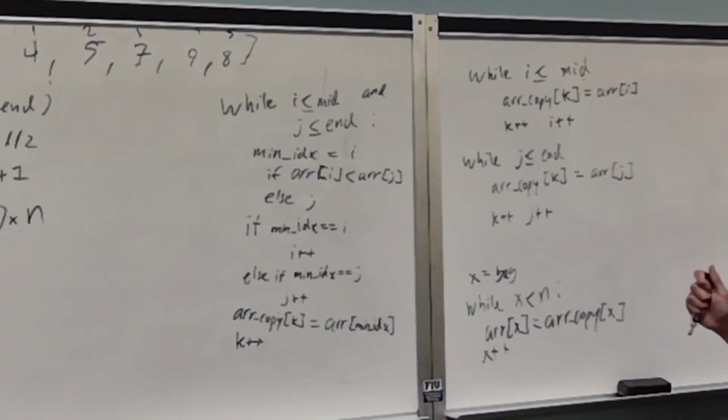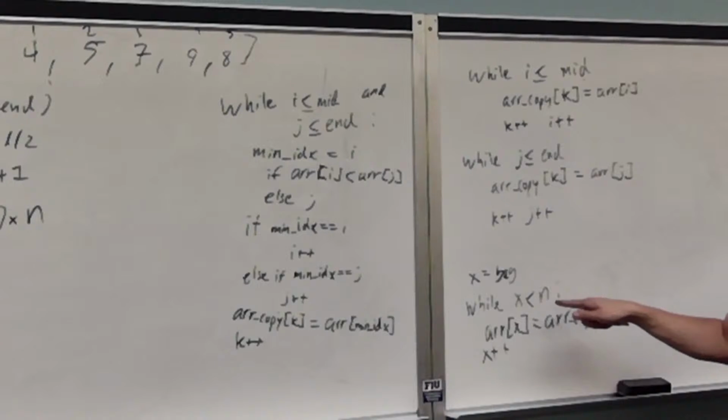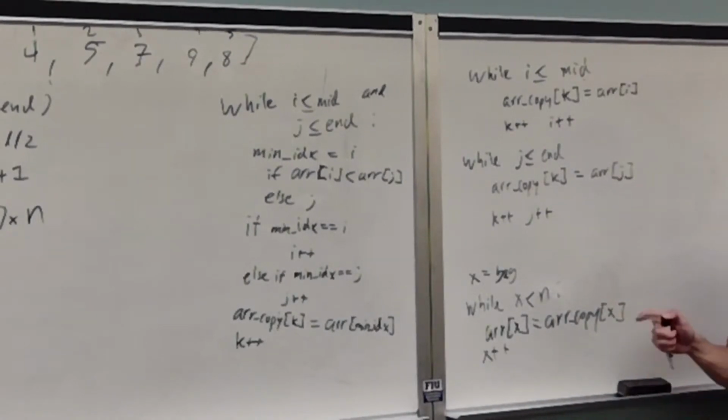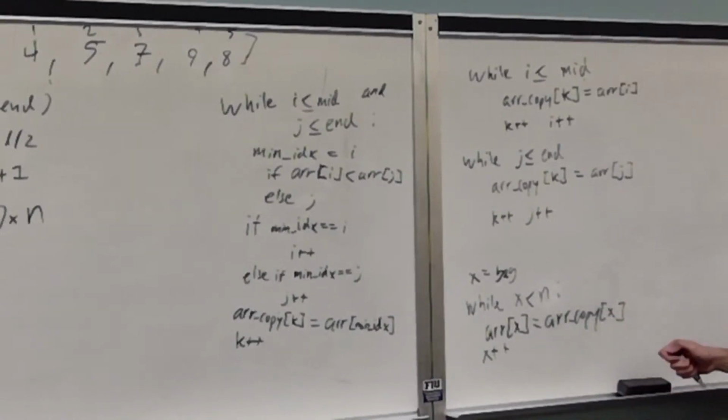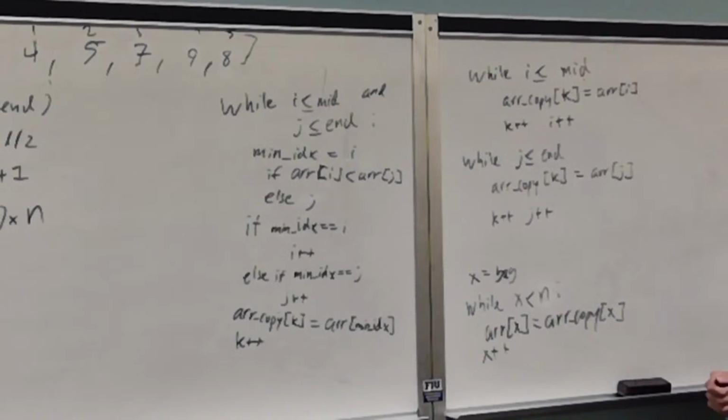There are some problems with this while loop, and I have just noticed there are problems with this whole thing. Why not just return array copy and have it returned in the merge function? Well, I could just do the merge in place.